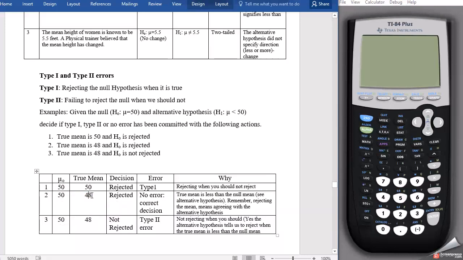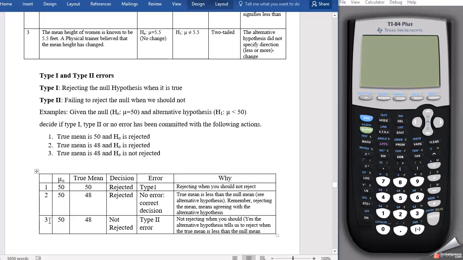The second scenario, the null mean is 50 and the true mean is 48. Remember, this 48 is what the alternative is telling us, and because it is satisfying the alternative hypothesis, we should reject. So if we reject, it means that we have committed no error, which means we have taken the true or correct decision.